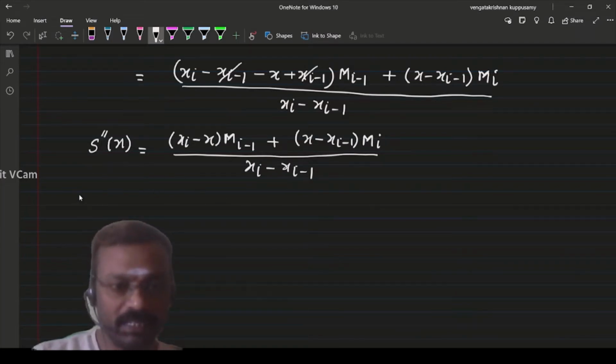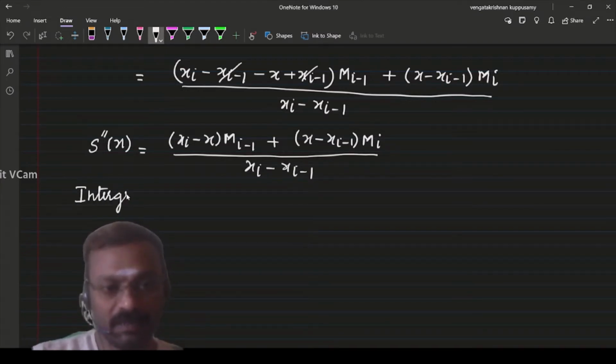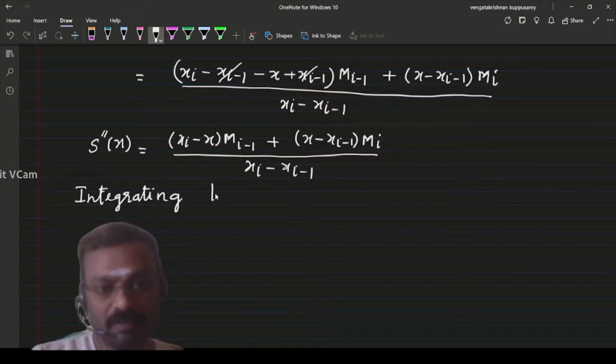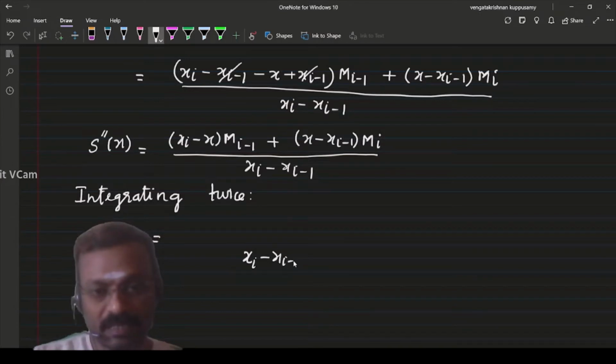Now integrate this twice because we are interested in finding S of x. Integrating the above expression twice, we have S of x is equal to, in the first term, xi minus xi minus 1 is a constant.